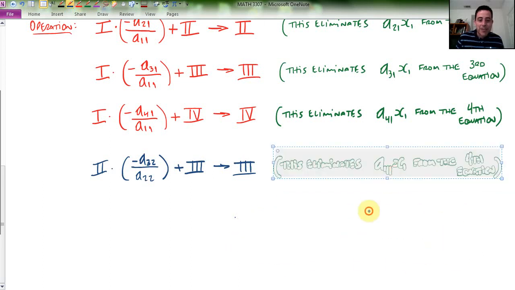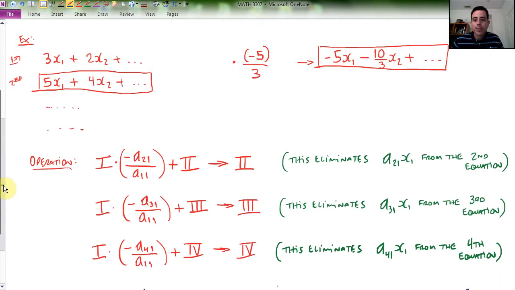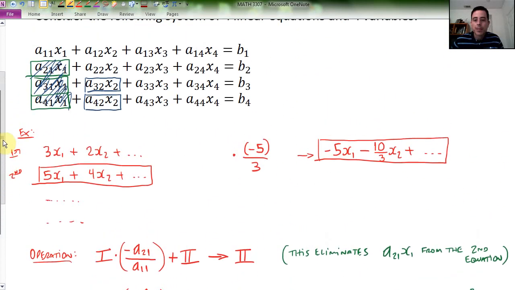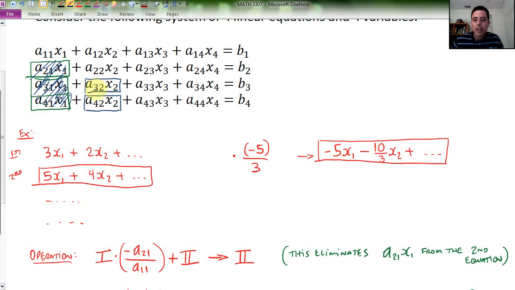I'm having trouble here. Okay, this will eliminate a32 x2 from the third equation. Right, yeah, see here, we'll eliminate that.